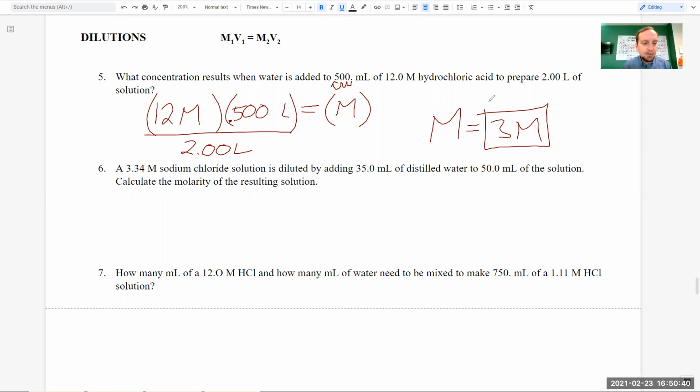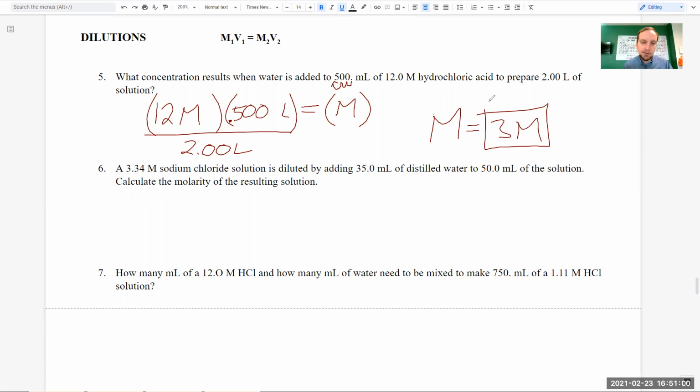Number 6 says a 3.34 molar sodium chloride solution is diluted by adding 35 milliliters of distilled water to 50 milliliters of the solution. And of course, they want us to calculate the molarity. This one's a little bit odd in that the wording is not very clear.